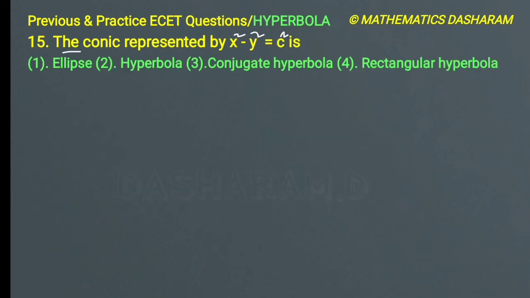15th question, the conic represented by x square minus y square equals to c square is. From the list of the formulae, it is very clear it is a standard form of a rectangular hyperbola. For a hyperbola the standard form is x square divided by a square minus y square divided by b square equals to 1.